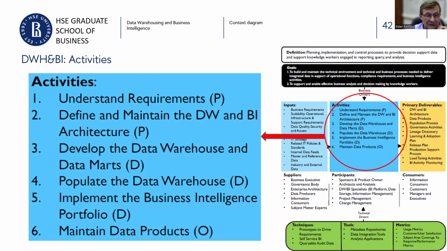Everything starts with understanding requirements, and what is important here is that development of a data warehouse is different from developing an operational system. A data warehouse is not an application to automate some operational process. Operational systems usually depend on precise and specific requirements.